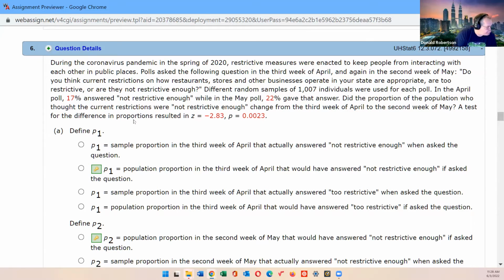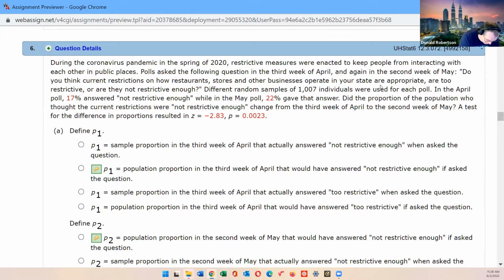They had a first group, and the sample was 1,007, and 17% of them, I'm writing this down, 0.17, and that is the first group. That was in April, so I'll put that up there. And I'll read a little bit further.